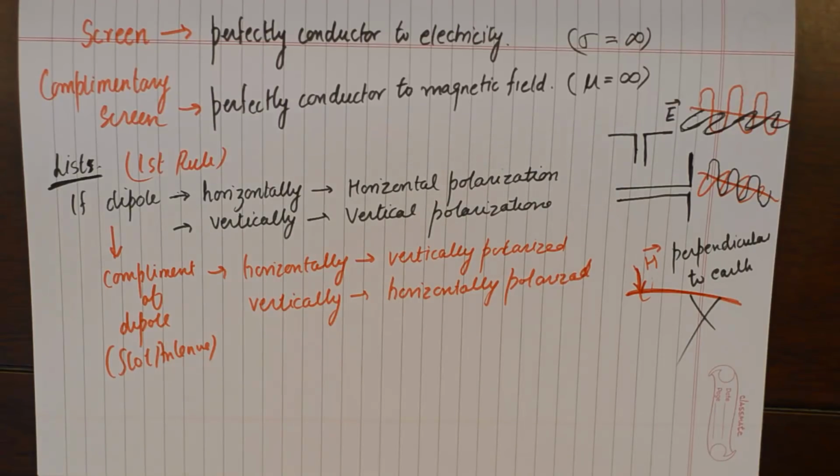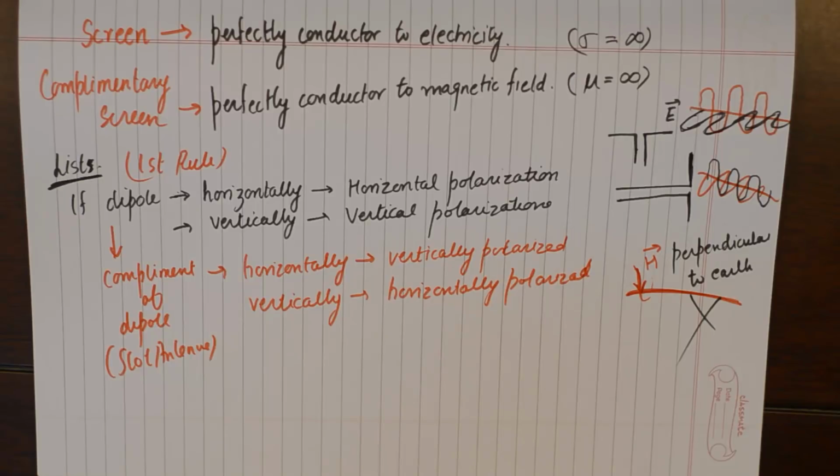Now, the placement of the dipole is very, very important. It is always easier to place the dipole as a horizontal antenna because horizontal dipoles offer much lesser resistance to the flow of winds.